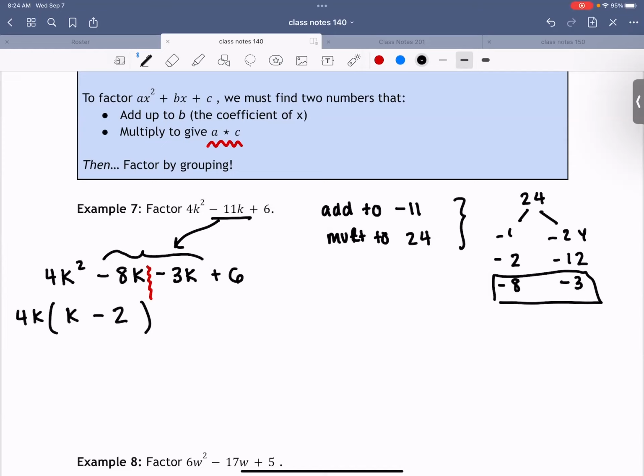All right. On the right-hand side, what does -3k and 6 have in common? 2, but make it negative. Why are we making it negative? Because the goal is to make k minus 2 over here, right?